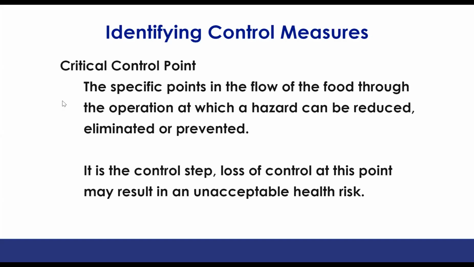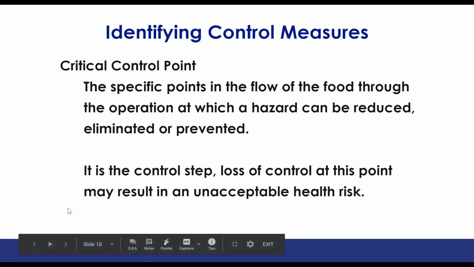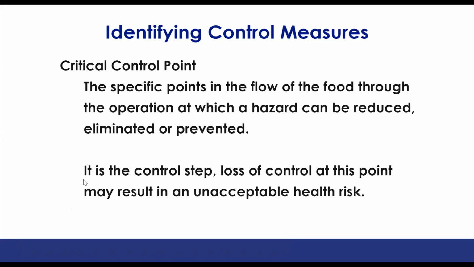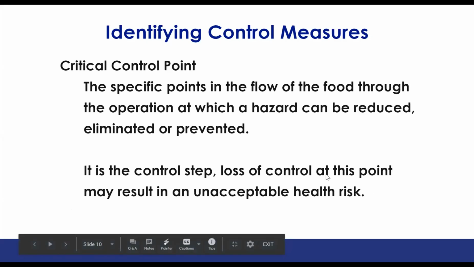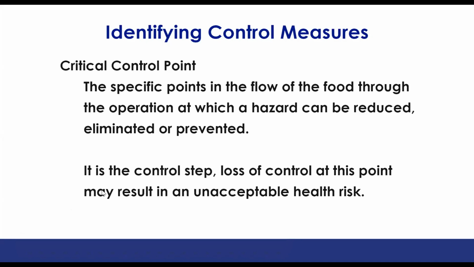And if it's not at temperature, you will either reheat it or serve it as soon as possible within the 2 hours. And these are the control steps. It's the last control at this point that may result in an unacceptable health risk. So we don't want to lose control, because that's when things happen.